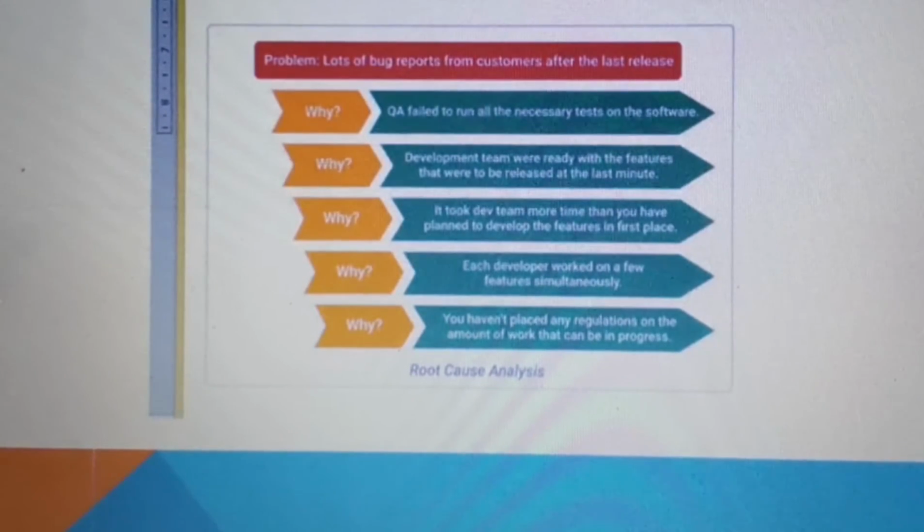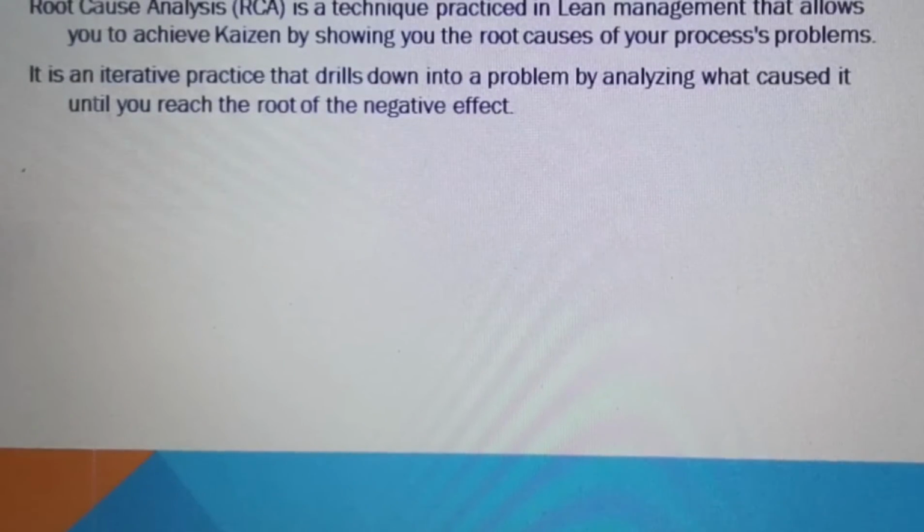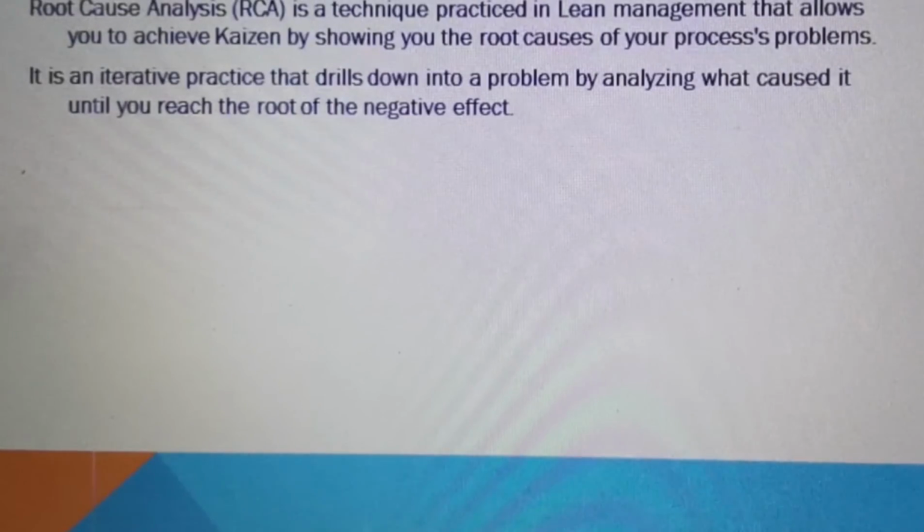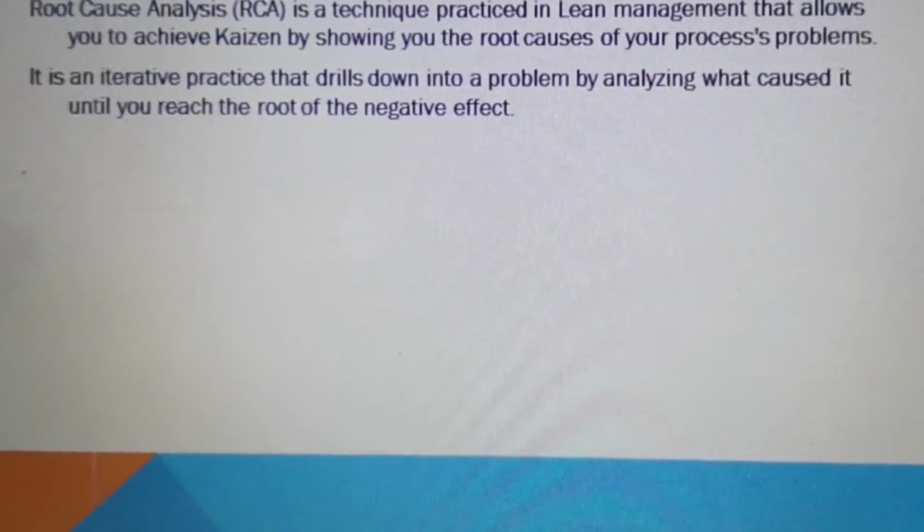So, what you're going to do in the root cause analysis is you are going to identify the problem, and then what causes the problem. So, identify nimo ang usa ka problem, and then after identifying the problem, you're going to dig deep asa man gyud ang pinaka root cause aning problem.